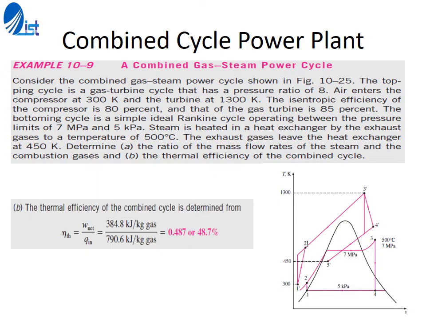The second part is to find the thermal efficiency of the combined cycle. Here the thermal efficiency can be calculated from the net work divided by the heat input. It comes out to be 11%. This thermal efficiency is much higher than that of the individual cycles, that is the gas cycle, which came out to be 26.6%, and the steam cycle, which came out to be 40%.